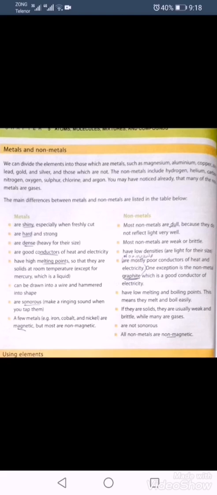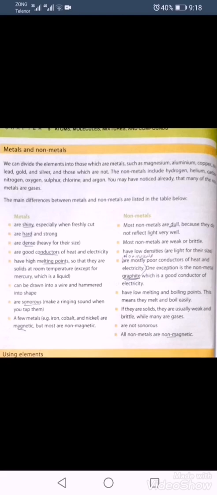Metals have a high melting point, which means the temperature at which a solid melts. They are solid at room temperature, except for mercury, which is liquid.